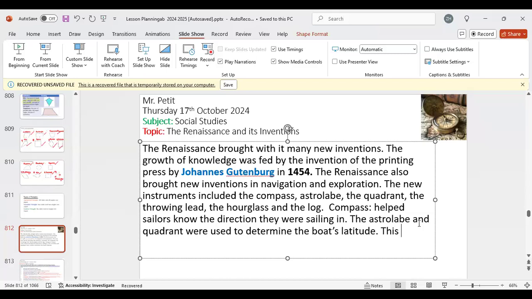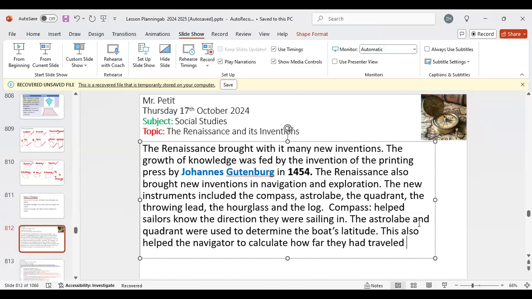This also helped the navigator to calculate how far they had traveled.